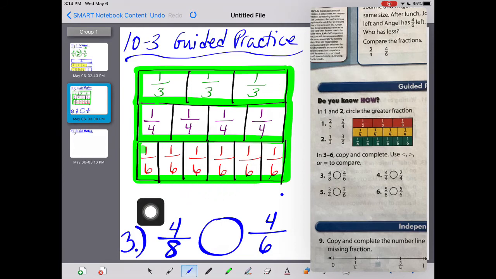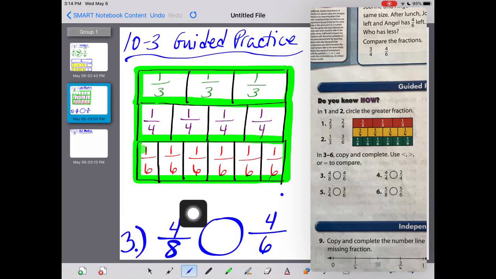So we have the same amount of pieces. So if you have 4/8, or 4 out of 8 pieces, compare that to 4 out of 6 pieces. Just by looking at that, would you be able to determine if 4/8 is less than, greater than, or equal to 4/6? Give it some thought, pause the video, and come on back.